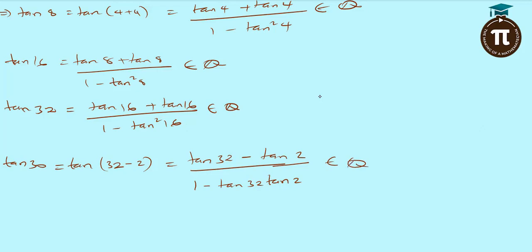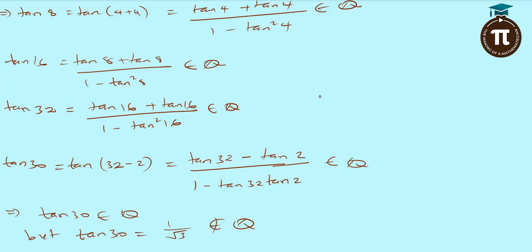So what this is trying to say is that tan30 is also a rational number, but we know that tan30 is obviously 1 over root 3, but 1 over root 3 is never a rational number.